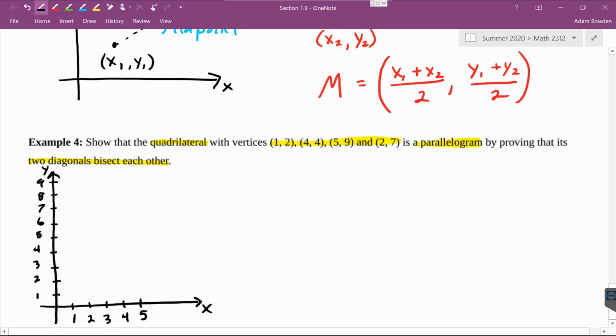So what I'm going to do here first is start plotting the points that we have, starting with that one, 1, 2, be somewhere down here. We have another one that says 4, 4, so that'd be somewhere over here. We have a point 5, 9, which would be way up here. And then another one that says 2, 7, so that'd be somewhere around here.